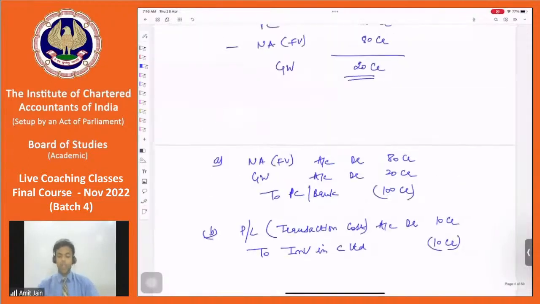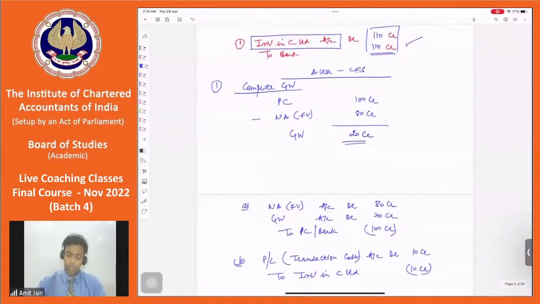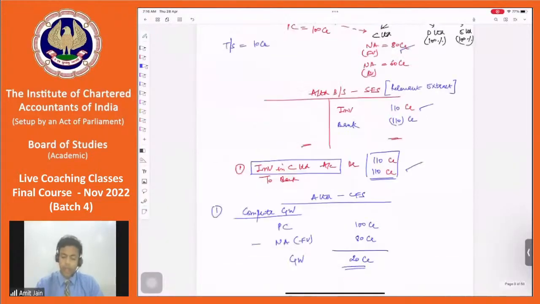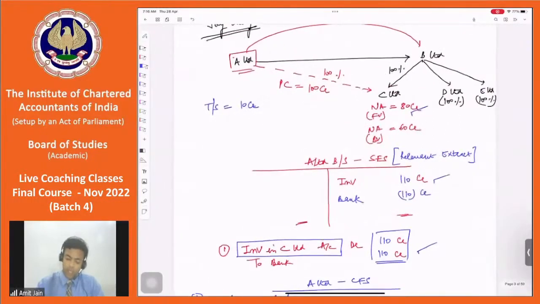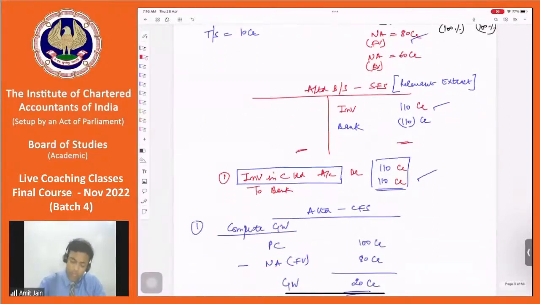This is the accounting we need to pass. Are we clear, guys, that in the standalone, in the acquisition of a legal entity, the transaction cost will get capitalized in the value of investment?